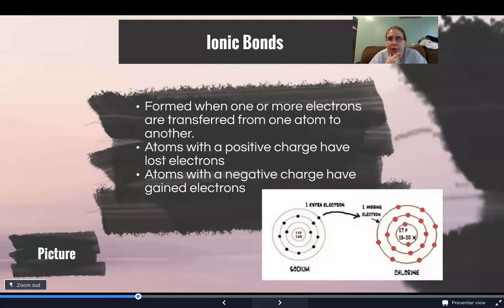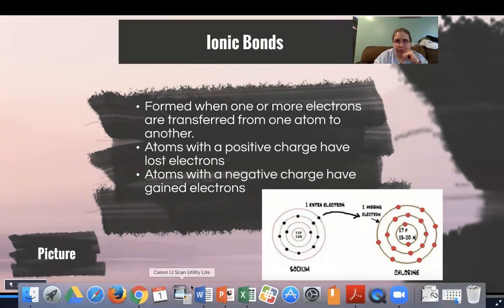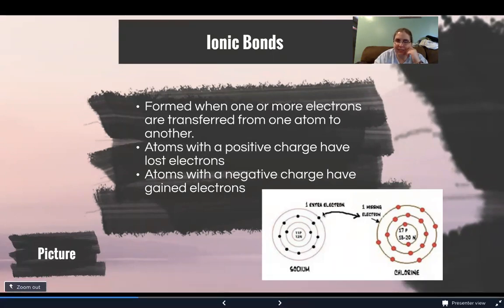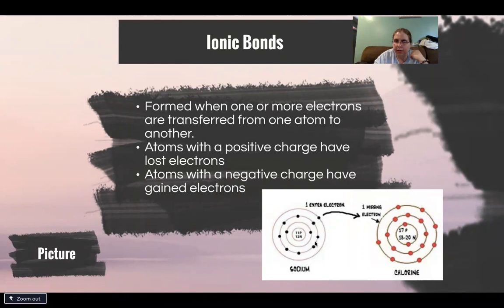So let's talk about some of the ways we can bond. First off, we have ionic bonding. Ionic bonding is when 2 atoms bond together due to both of those atoms being ions, meaning they have a charge. If you look at the picture, one of the atoms loses an extra electron, giving it a positive charge, like here with our sodium.